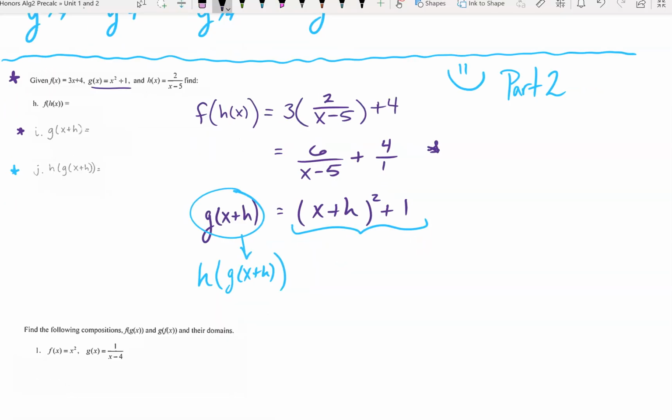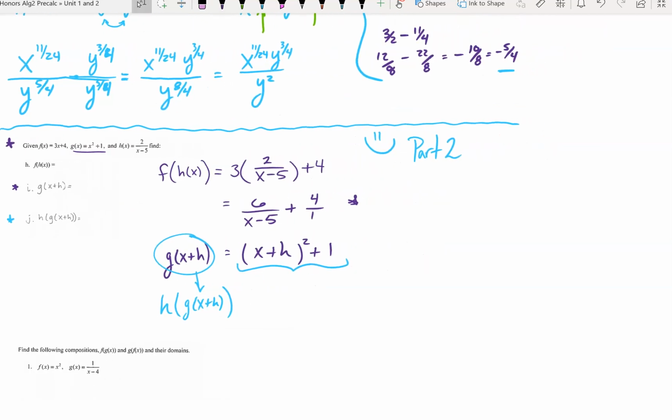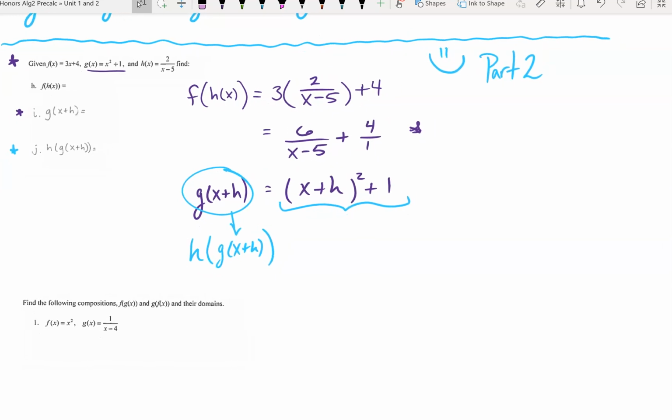So our outside function, oops, getting crazy here. Things are sliding all over the place. See if I can get it back. There we go. So our h function is 2 in the numerator, and then it's x minus 5 in the denominator, but my value I'm substituting in is all of this g of x plus h.